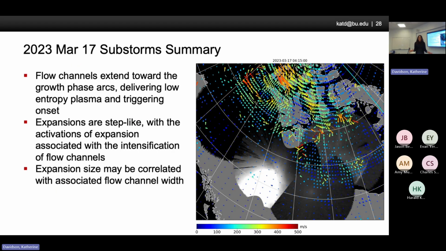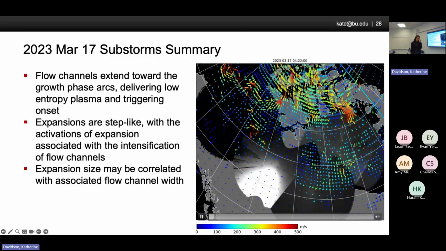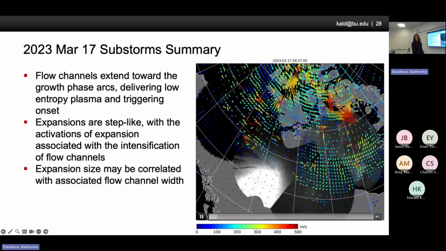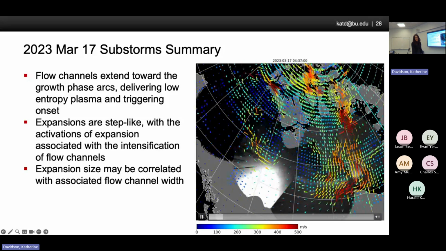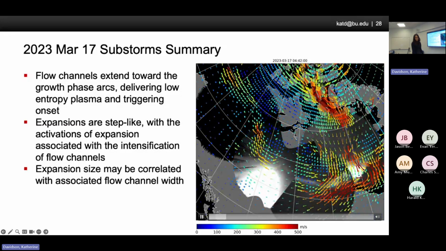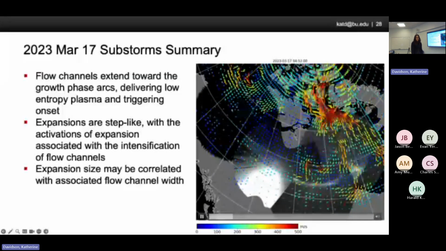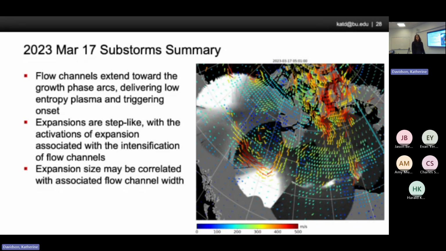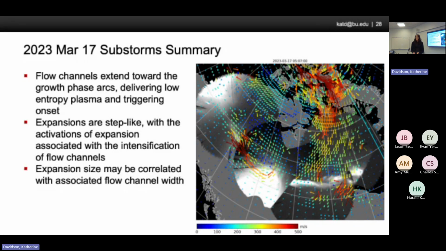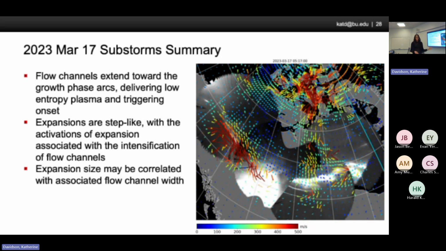Okay, to put that all together, since it was broken up, here is the full video of the two substorms. So again, we'll get our first onset over on the near midnight side over here. There's our onset. And then we'll get our expansion. And again, the flows extended towards the onset region for the first substorm and for the second substorm.